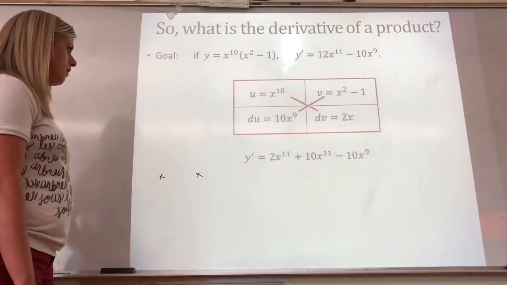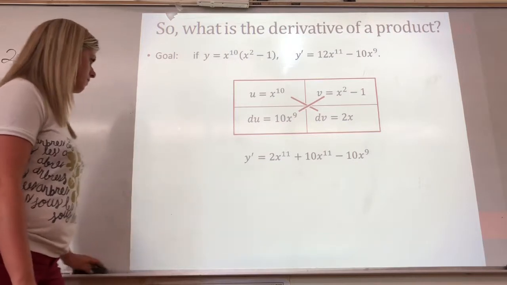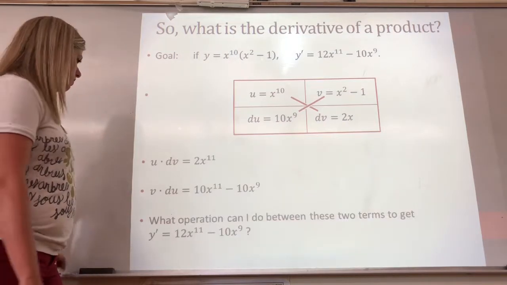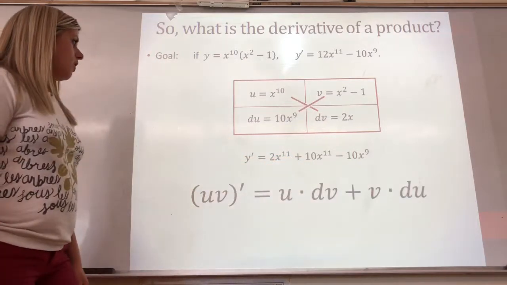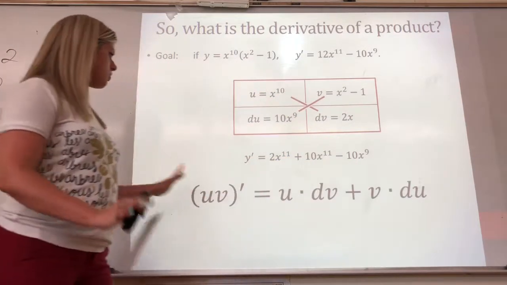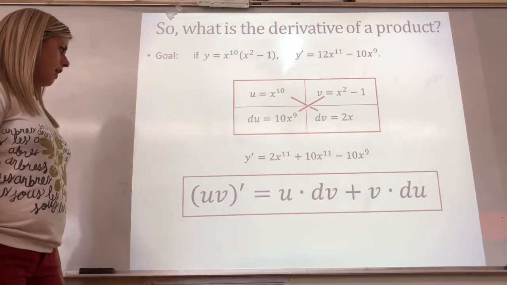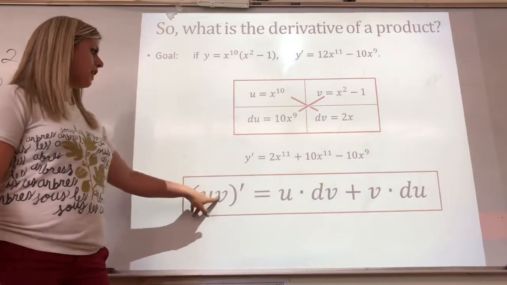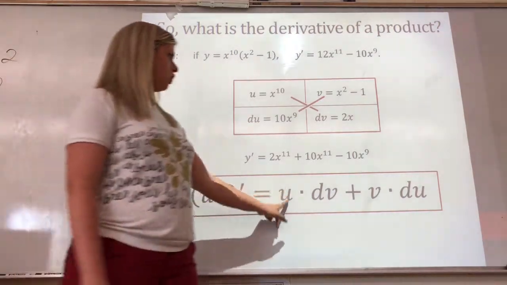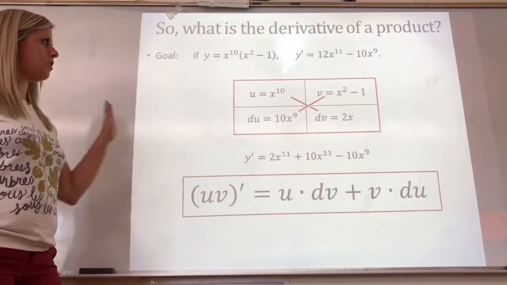So addition. Yep, so here's our addition. All right, and then these two combine to get our answer. So here's our rule. uv prime, so this stands for the derivative of u times v, is u dv plus v du. u dv plus v du.